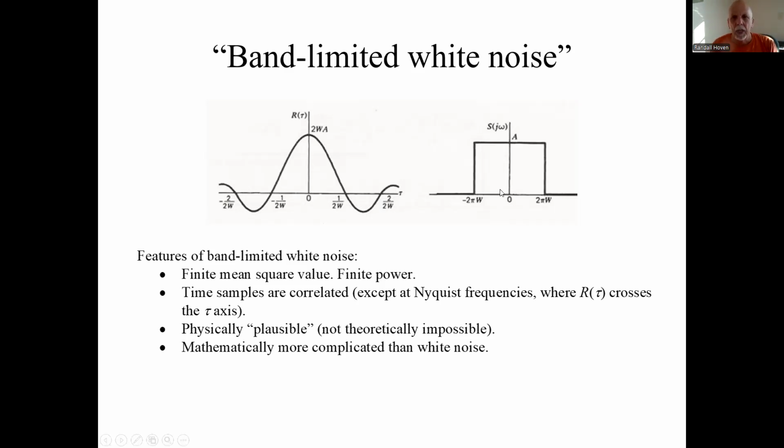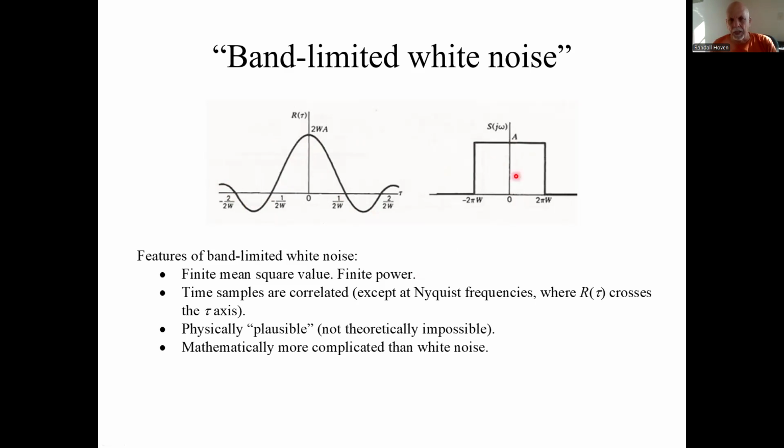But anyway, its PSD would look like this, a pulse in the frequency domain, and its autocorrelation function would be the inverse of a pulse in the frequency domain, which is a sinc function in the time domain, or the tau domain.